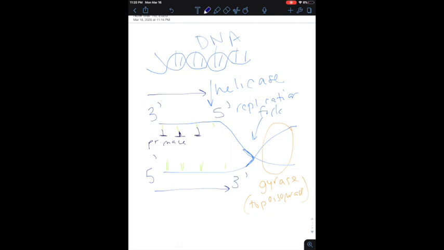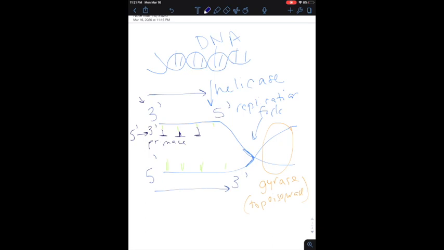And again, why did primase lay them at the 3' end of the parent strand? Because DNA polymerase can only make the daughter strand in the 5' to 3' direction. So in order for DNA polymerase to make our daughter strand, it needs to lay its first nucleotide at the parent strand's 3' end.